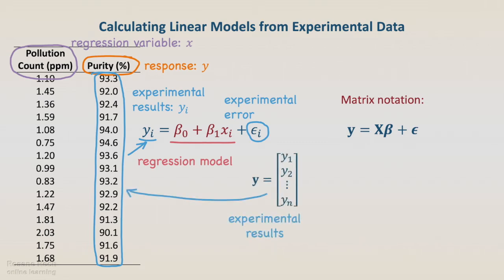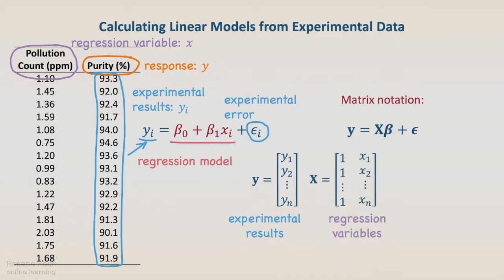The matrix of the experimental results y is equal to the matrix of the regression variables X times the matrix of the regression coefficients beta plus the matrix of the experimental errors.